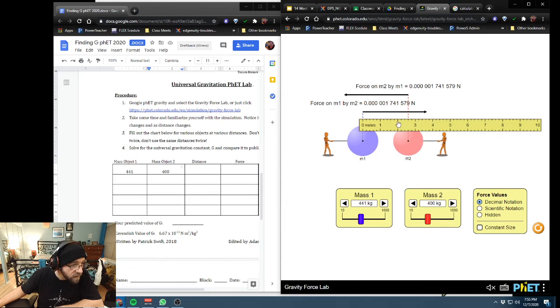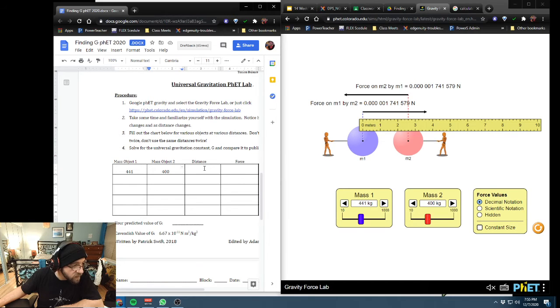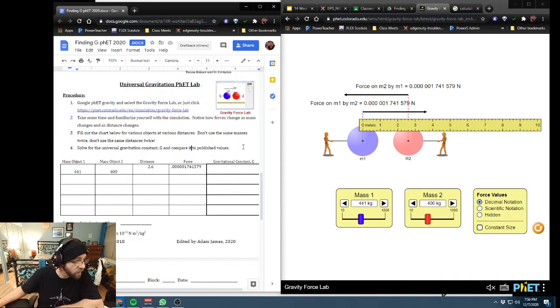It seems to be 2.6 meters. Each of those marks seems to be 0.2 meters. So 1 meter, 2 meters, 2.6 meters. Okay, and the force is 0.000001741,579. All right. So those are my numbers.